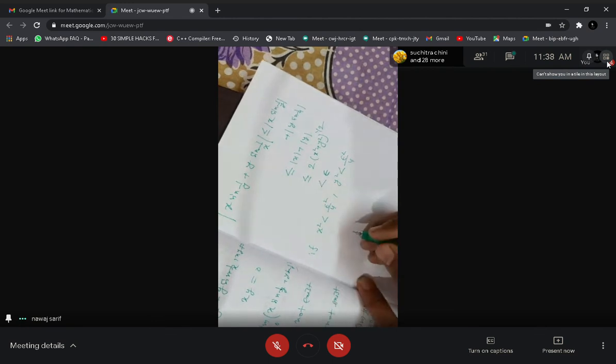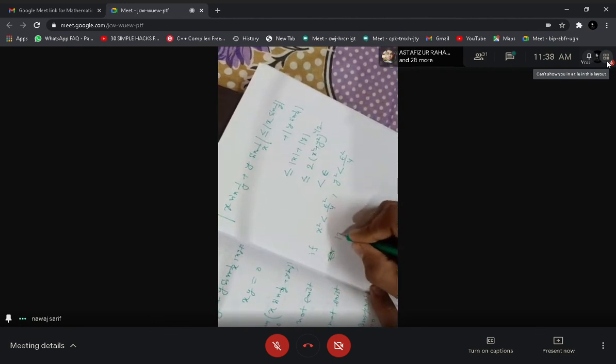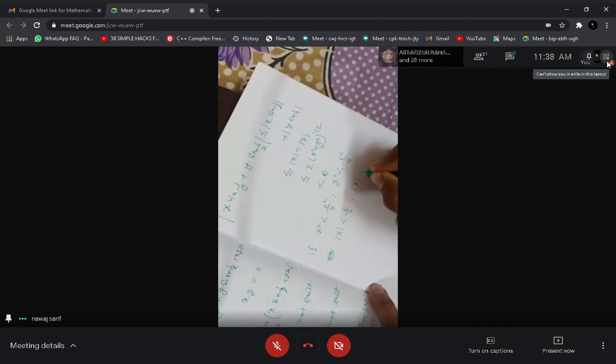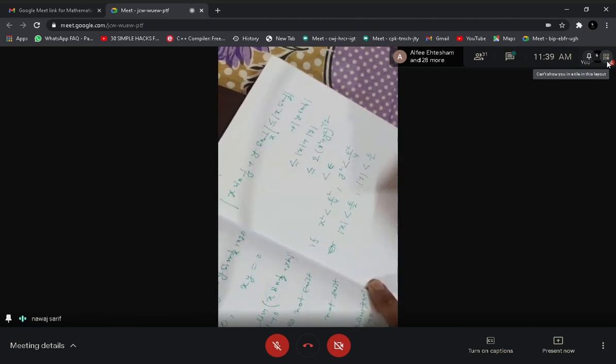Or mod of x less than epsilon by 2 and mod of y less than epsilon by 2. And you choose this one as delta and this one also as delta.